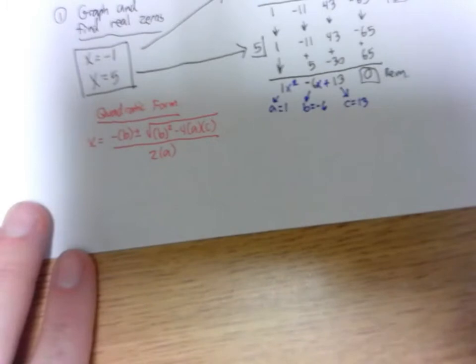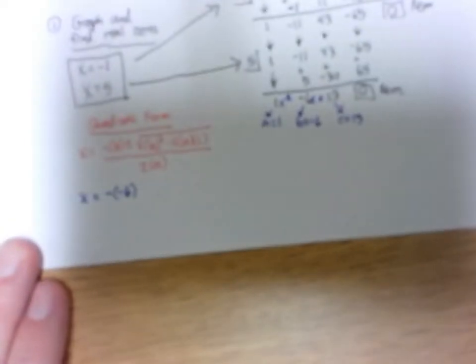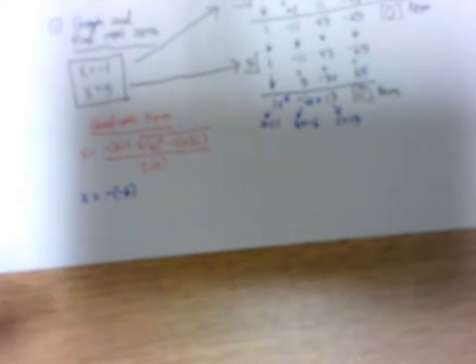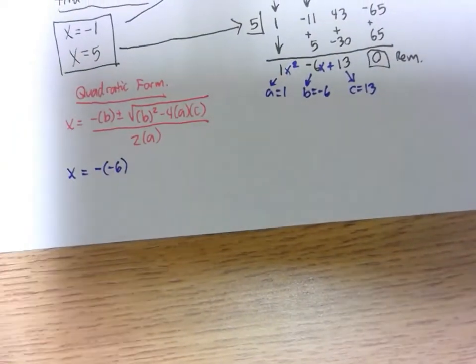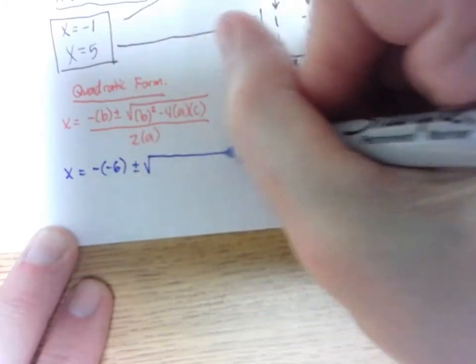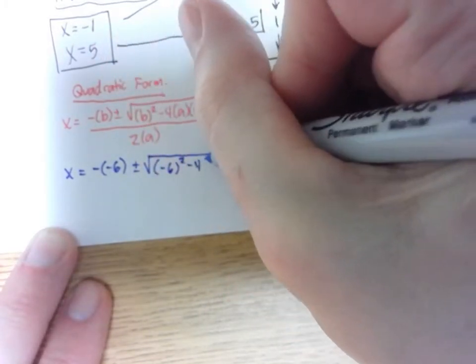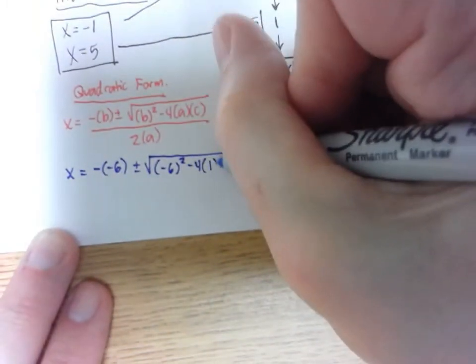So if I plug in a, b, and c into this formula, I get x equals negative, b is negative 6. So once again, that's going to flip that 6 to make it positive. All right, plus or minus the square root of parentheses negative 6 squared minus 4, what's a? 1.